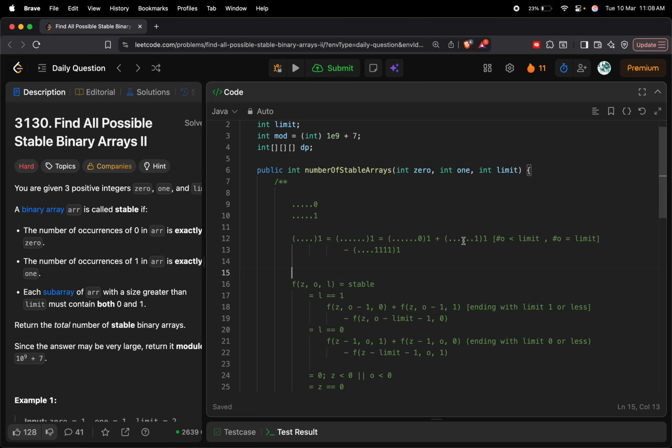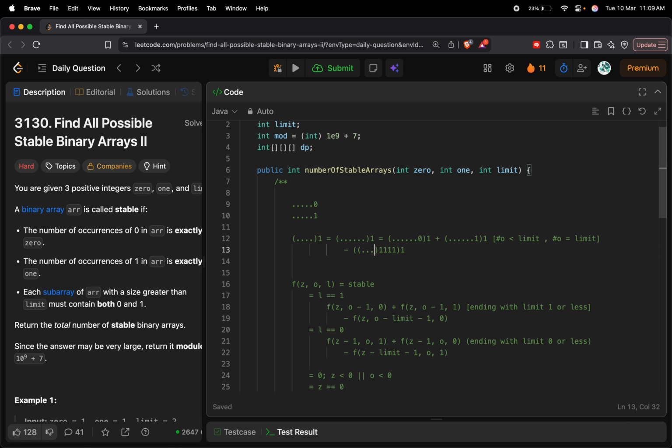I have to just subtract the answers to the subarrays which have the last characters equal to limit times ones. Since the number of ones here are limit and I also freeze the last character as 1, I have to find the answer to the rest of the problem ending with 0.